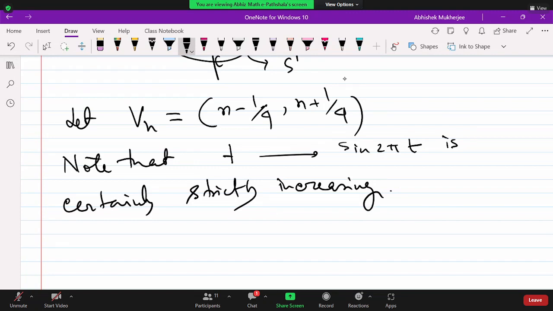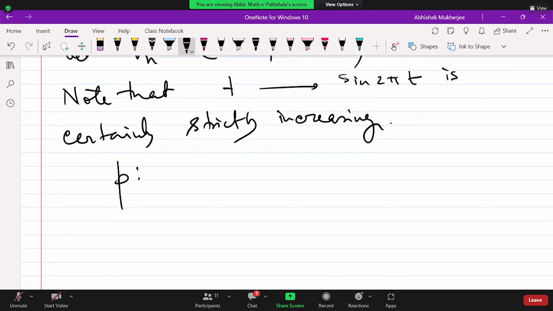So this is strictly increasing, which means that the map given by P will be one-one. This is a continuous map from Vn, so let us take the closure of that, to U bar.